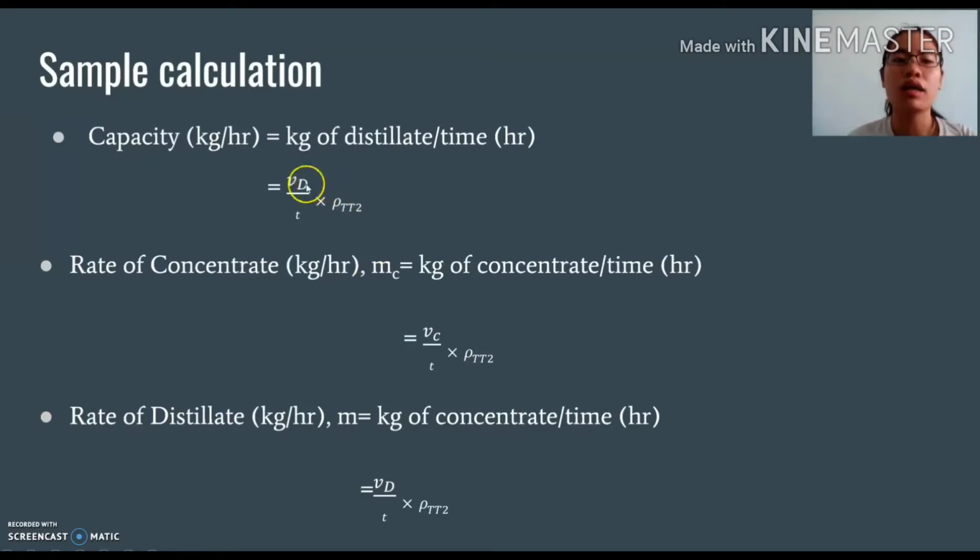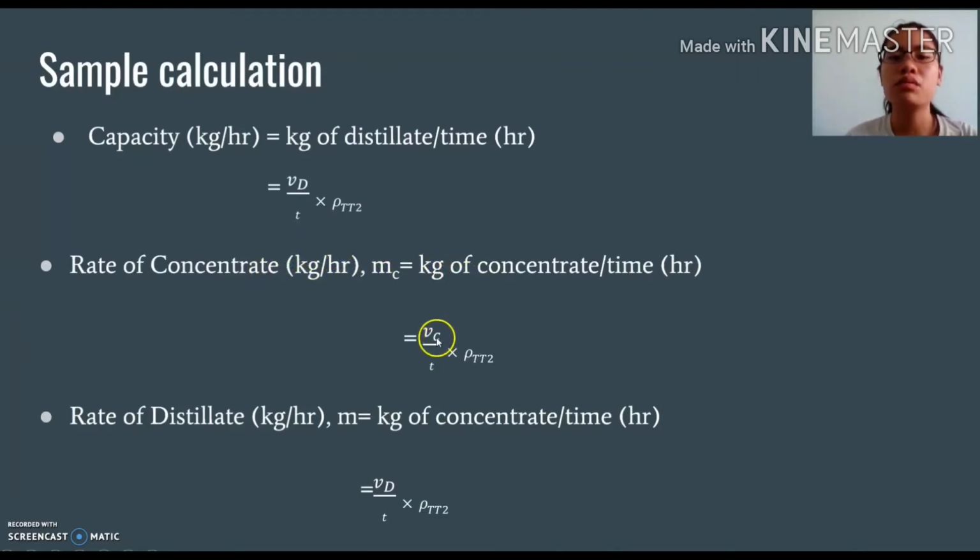As you all know, the value that we collect is the volume of distillate. So in order to find the mass, we have to convert it by multiplying it with the density at T2 and dividing it by the time. It is the same for the rate of concentrate, where we need the mass flow.